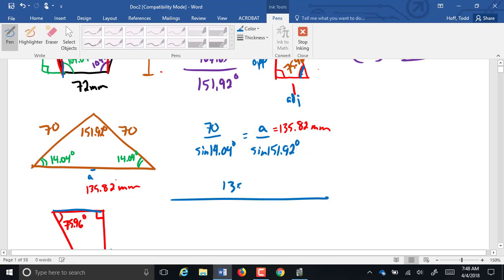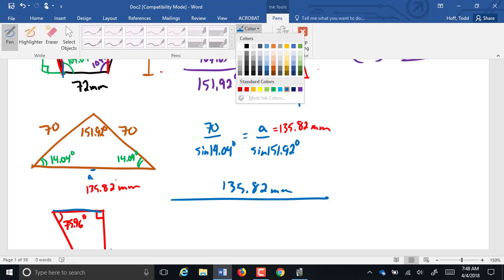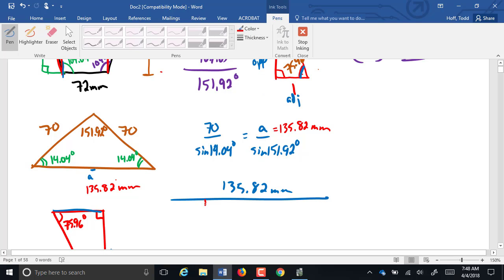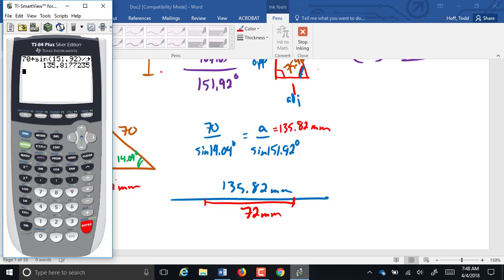So I've got 135.82. If I subtract 72 out of it, that leaves me at 63.82, which gets split half and half. I divide that by 2.